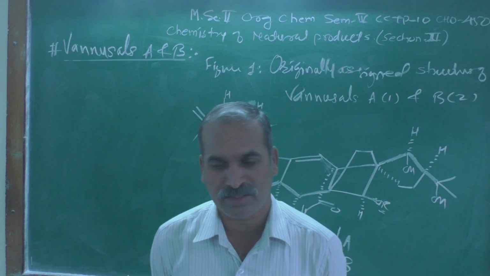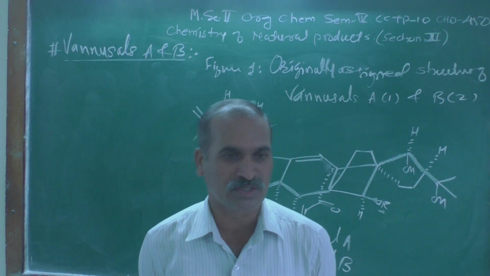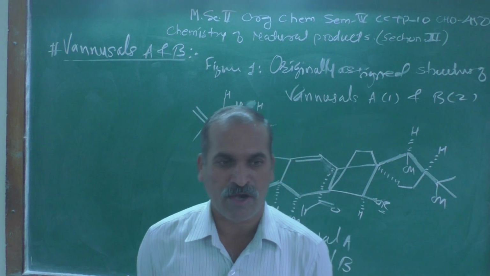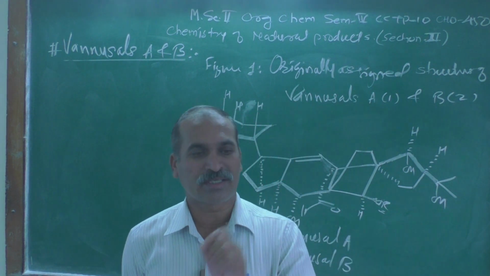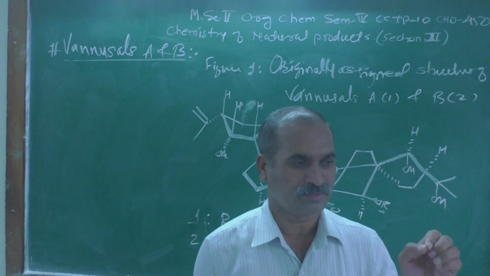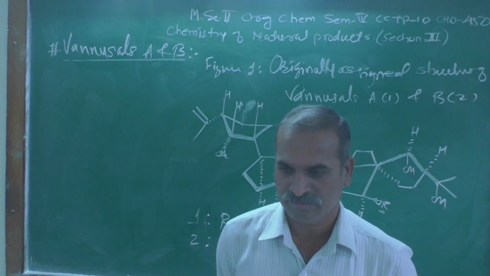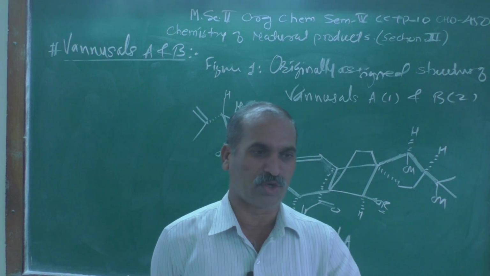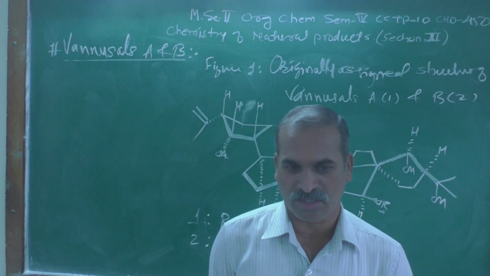The second important characteristic of Venustatriol A that we have found is the number of rings present in Venustatriol A and B. The same number of rings are present in both structures.